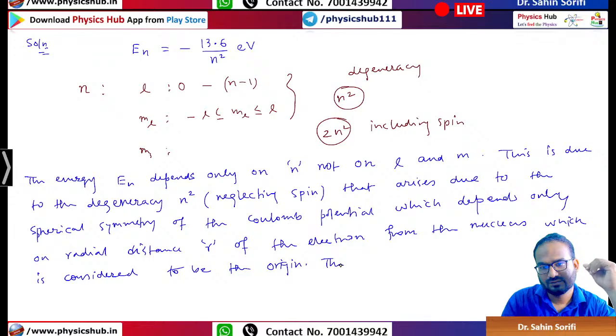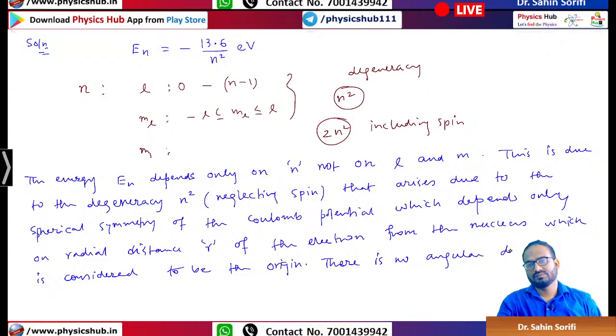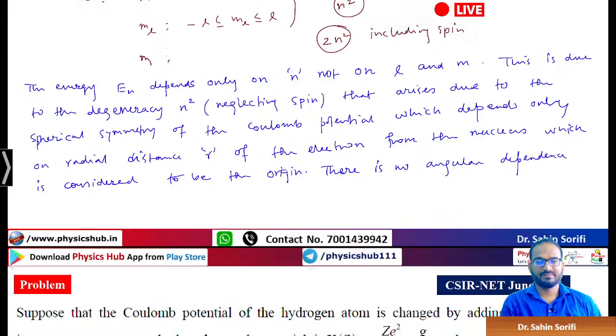There is no angular dependence, angular meaning theta and phi, in V of r. Okay.